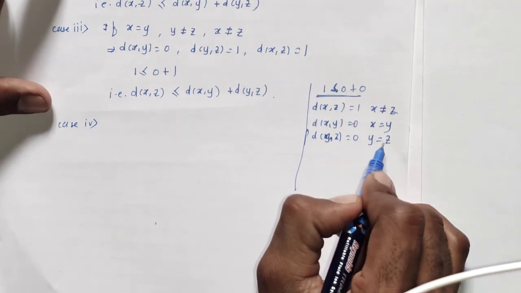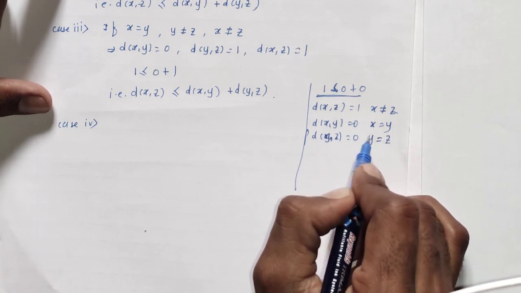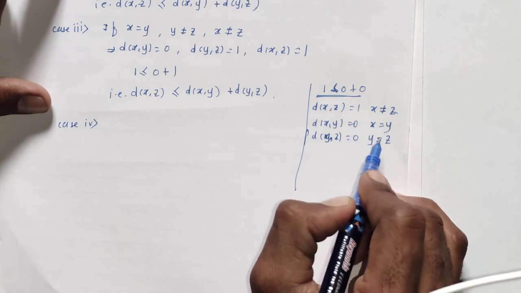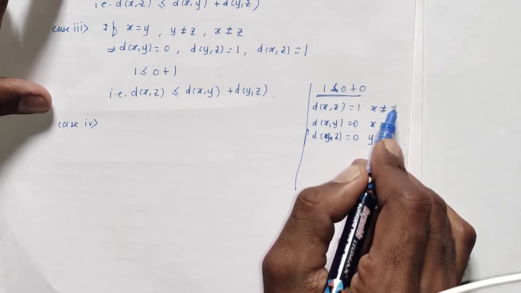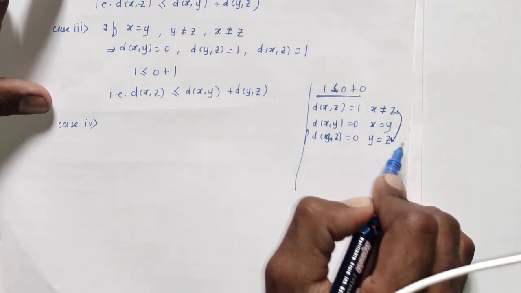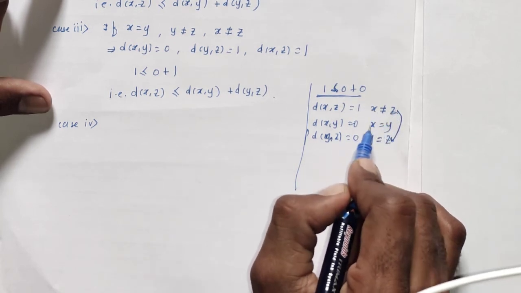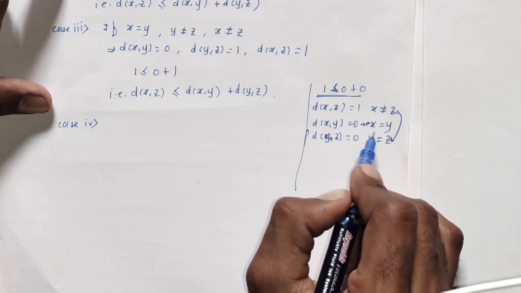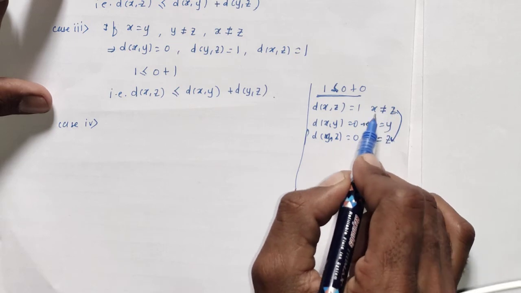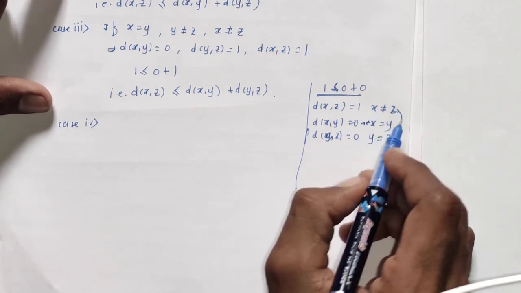Now if y is equal to z, I can read it as z is equal to y, and if we put the value of z as y here, then we get x is not equal to y, which will contradict this, that is here x is equal to y, but if you put z equal to y here, then we get x not equal to y, so this is a contradiction.